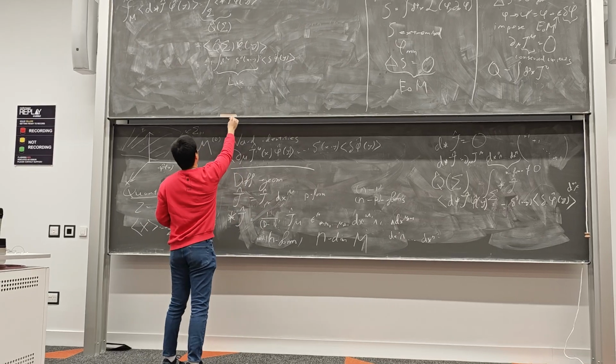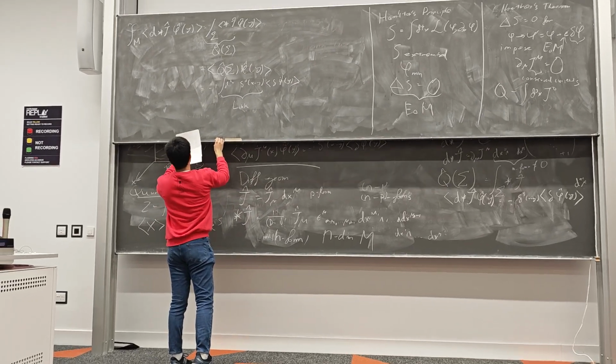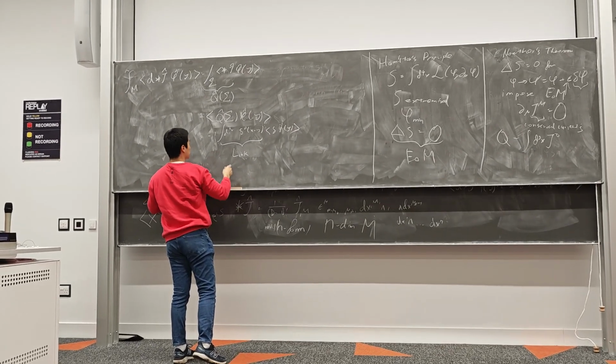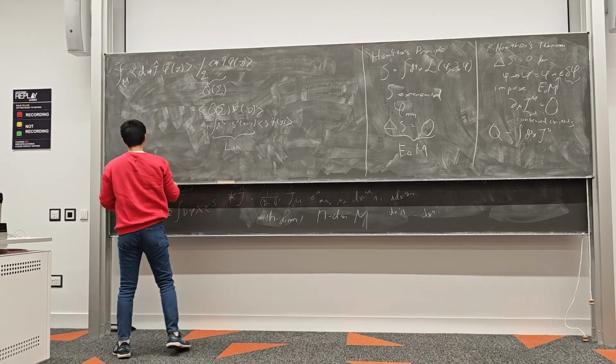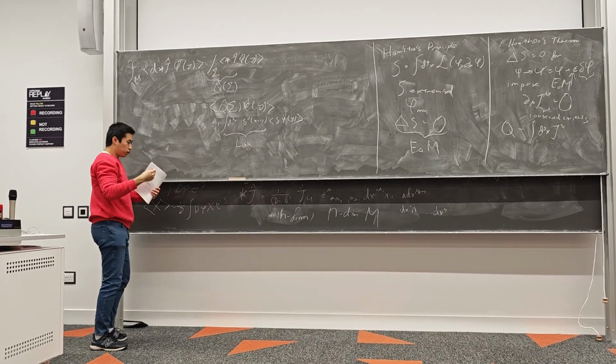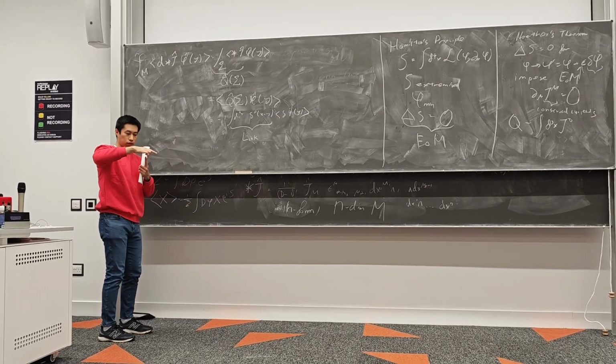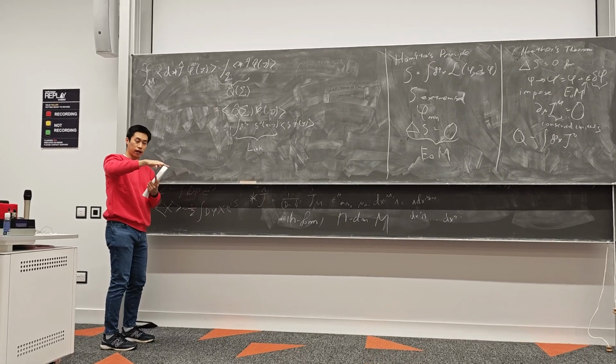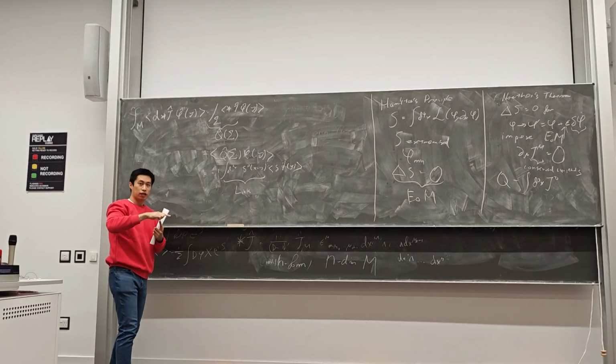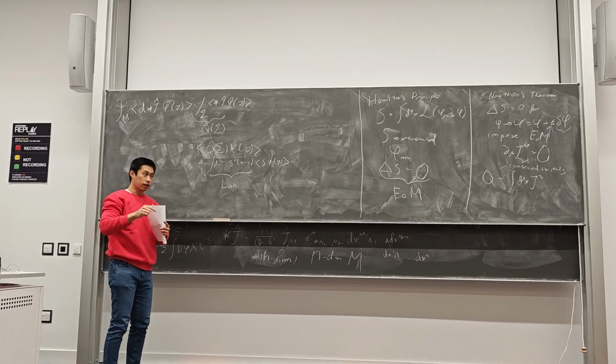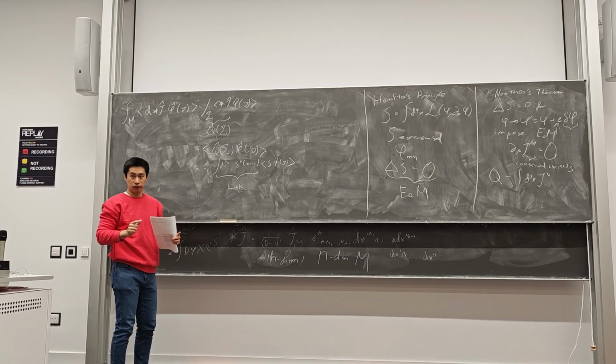And so I claim that this object has a topological meaning, because if we imagine that this manifold and this point are not linked together, then you can deform the manifold and it will still not link together, right?